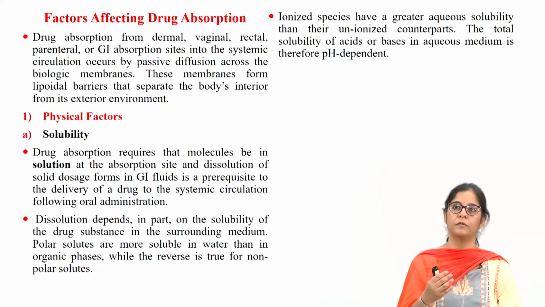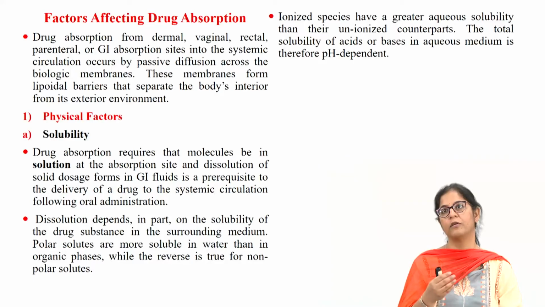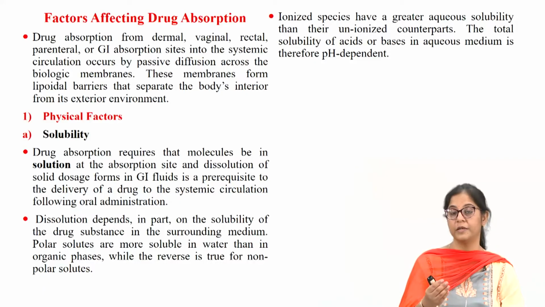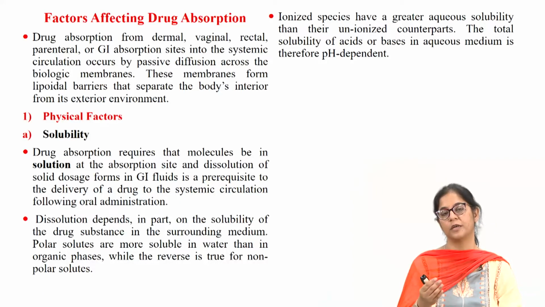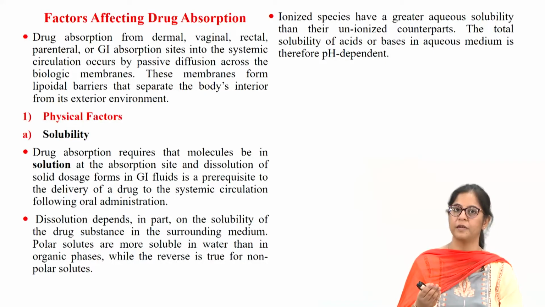In the case of pH dependent drugs, that is weakly acidic or basic drugs which are given into the body, their solubilization is dependent upon the pH which is present at the absorption site. So, in the gastric juice, the drugs have a specific pH dependent solubility. In the blood, they have a pH dependent solubility.